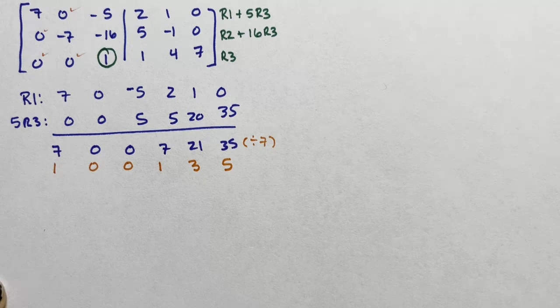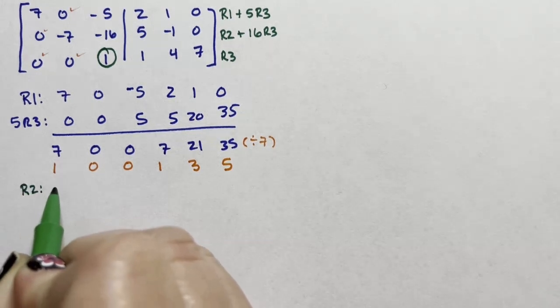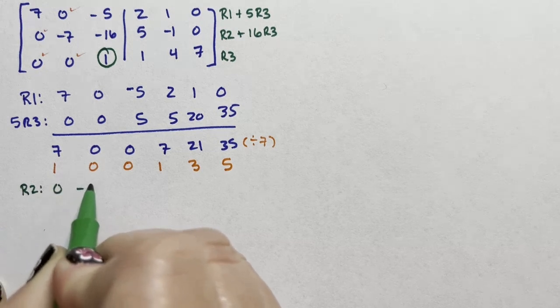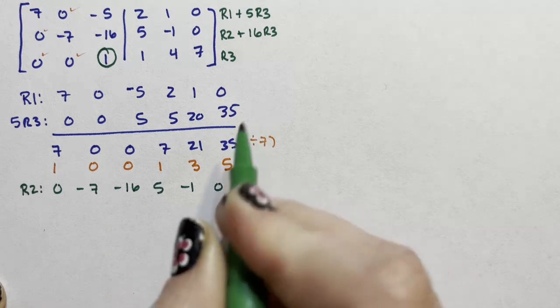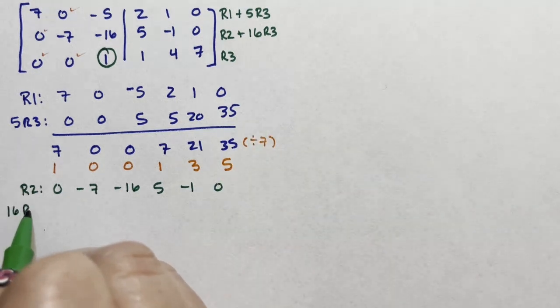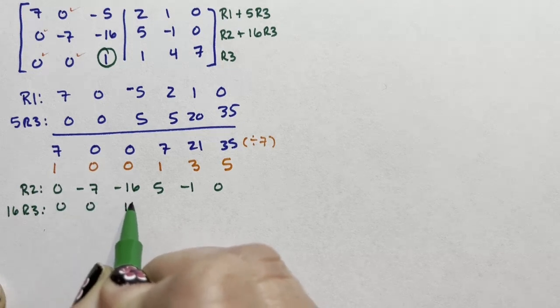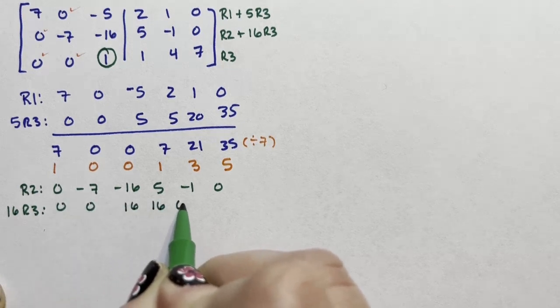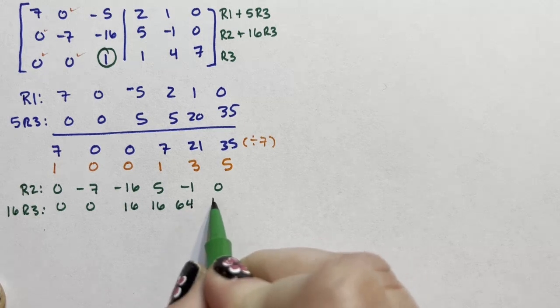Then we are going to do row 2, which is 0, -7, -16, 5, -1, 0, and 16 times row 3, which is 0, 0, 16, 16, 64, and 112.